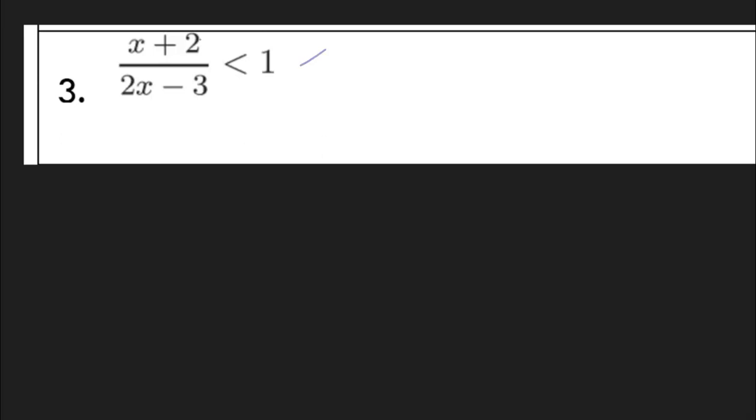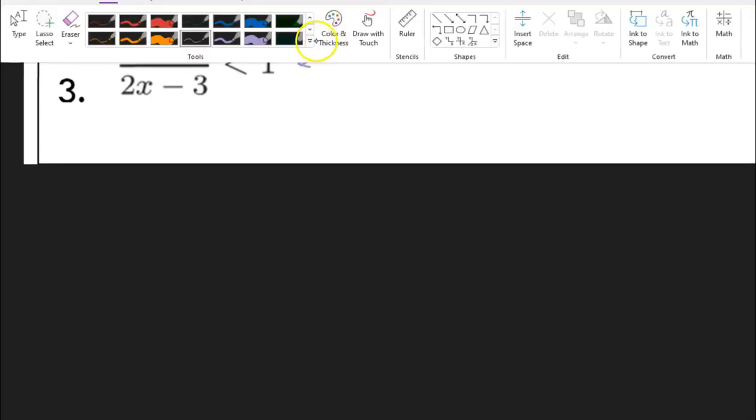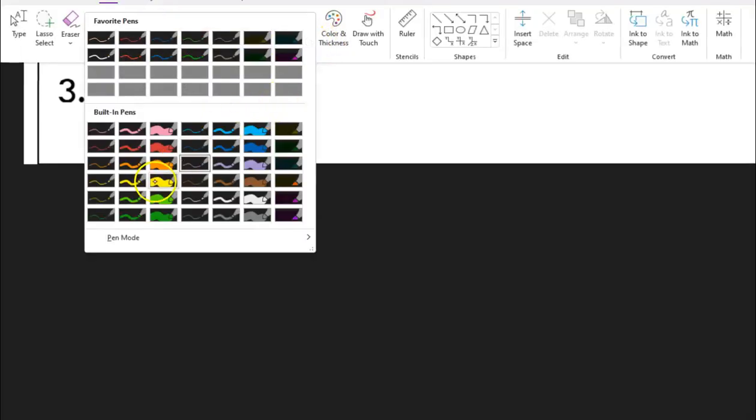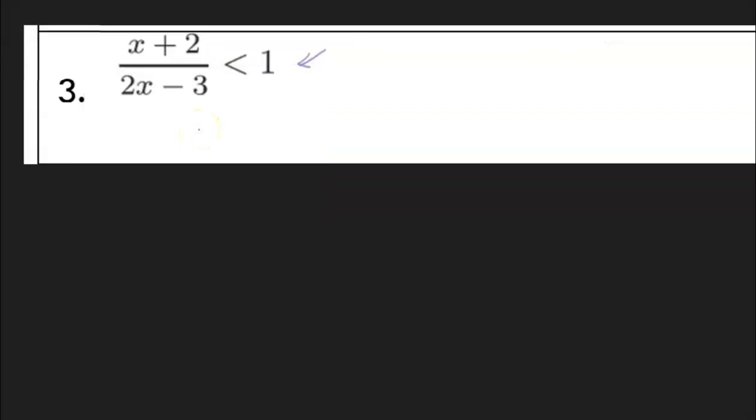Okay, now we have to have the right-hand side be 0. So I'm going to change the color. x plus 2 over 2x minus 3, minus 1 is less than 0.